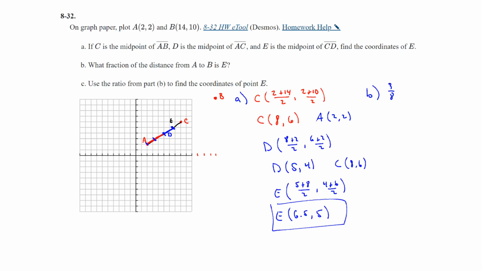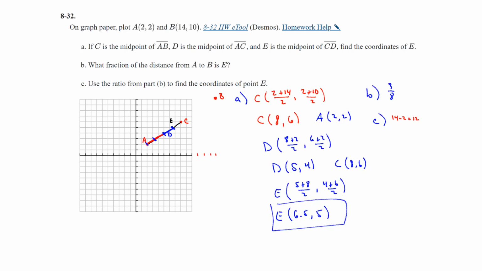And then for part C, use the ratio from part B to find the coordinates of point E. So for this, we would probably want to go back to the lesson. I believe it looks like 7.3.2 in terms of how we were finding the points in between. So if we go back and look at that on part C, if you look at A and B, 14 minus 2 is equal to 12.